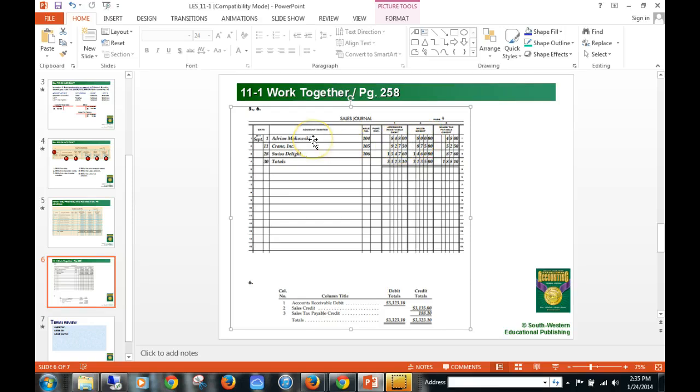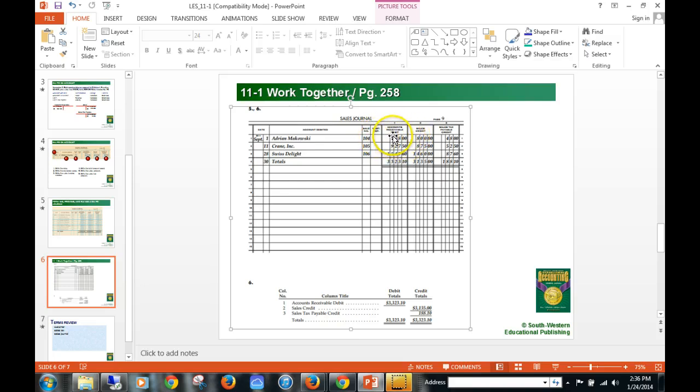You have sold merchandise on account to Adrian Makowski for $800, plus the sales tax of $48 for a total of $848. So in these transactions, they're actually giving you this amount. They're not making you yet figure out the sales tax.